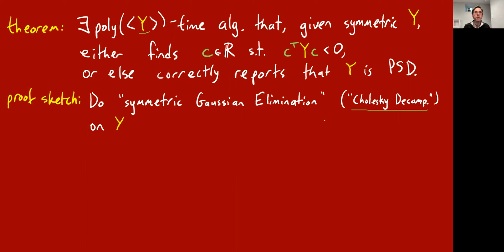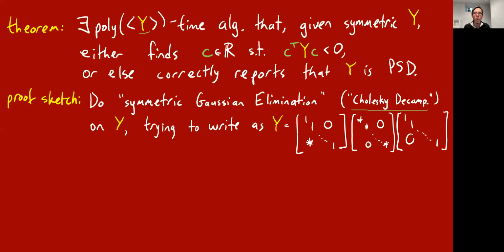The linear algebra term for this algorithm is Cholesky decomposition. And what you're trying to do eventually is to write Y as a diagonal matrix times a lower triangular matrix on the left and its transpose, an upper triangular matrix, on the right.